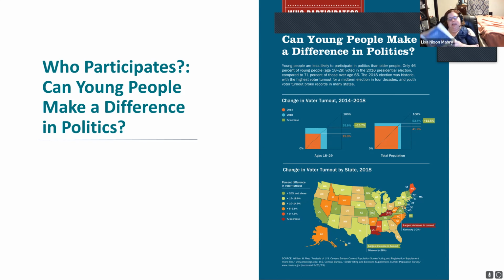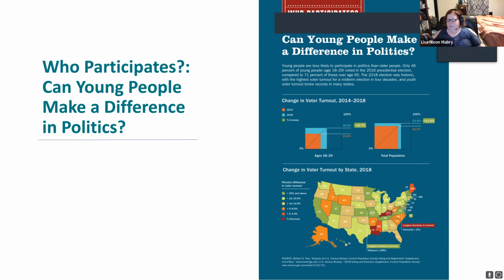So on page 19, it doesn't have a number, but it's right after 18. So it's what you guys are seeing on your screen right here, if you want to follow along. So can young people make a difference in politics? I love these little extras, like the who participates. Each chapter has a who participates, and it's really great additional information.